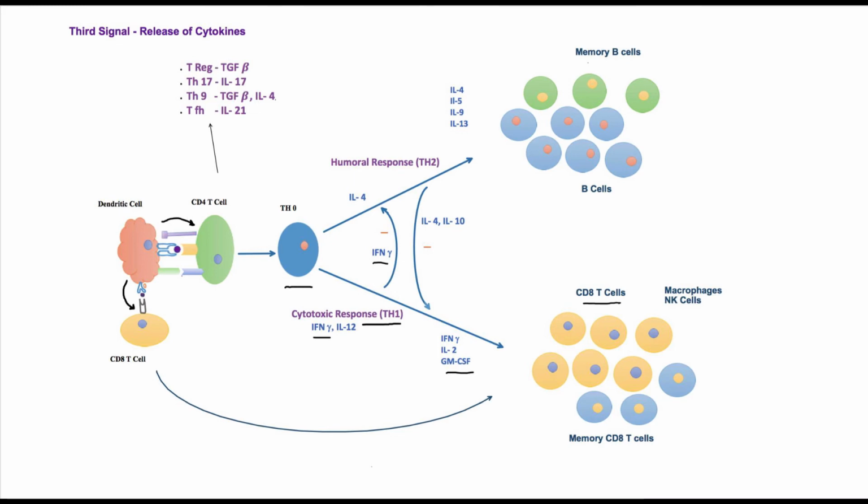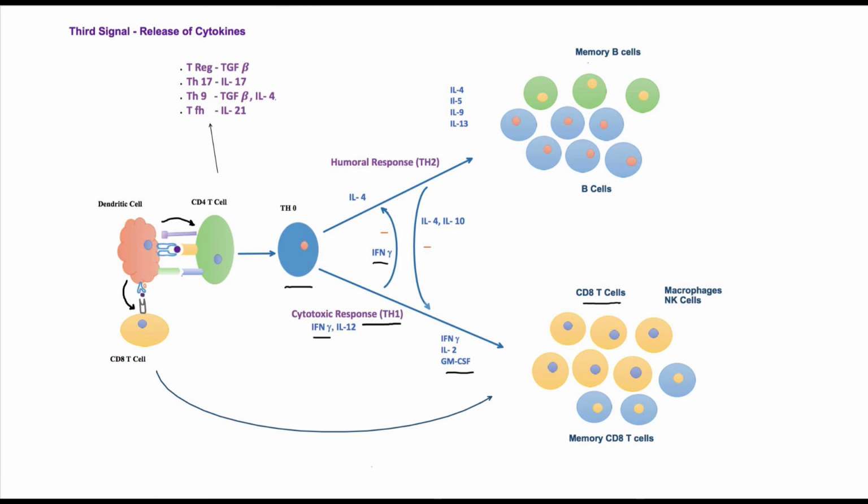Antibodies can have an important role in controlling viral infection. Antibodies help in neutralizing viruses in the extracellular compartment and also contribute to antibody-dependent cell-mediated cytotoxicity. This process of ADCC does not require CD8 T cells.